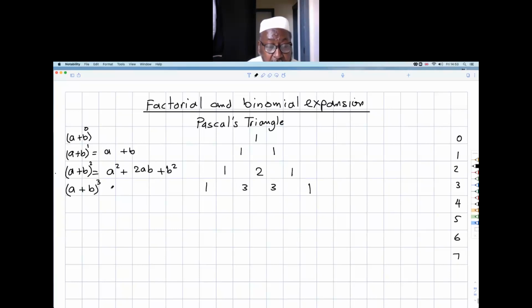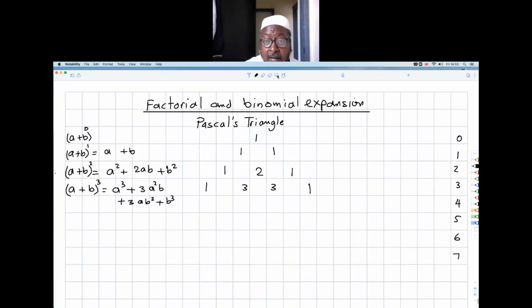So it will be A cubed plus 3A squared B plus 3AB squared plus B cubed. This one is the coefficient of A cubed, this one the coefficient of B cubed, and the 3s are the coefficients of A squared B and AB squared.